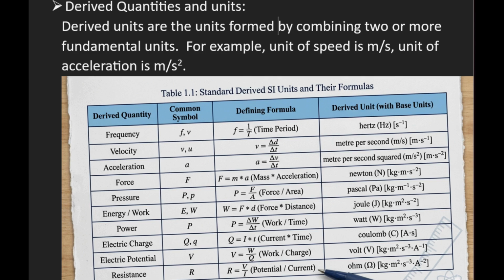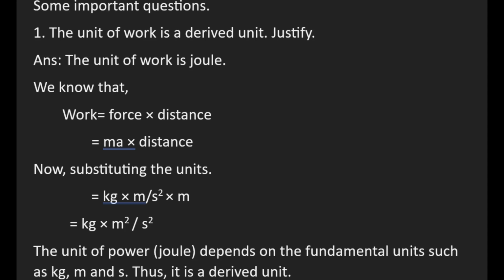You can also see these examples clearly in the table. So students, remember one simple trick. If a quantity does not depend on other quantities, then it is a fundamental quantity. And if a quantity depends on other quantities, then it is a derived quantity. Now students, let's move on to some very important questions. These questions are frequently asked in examinations for 2 marks, so you must understand them properly.